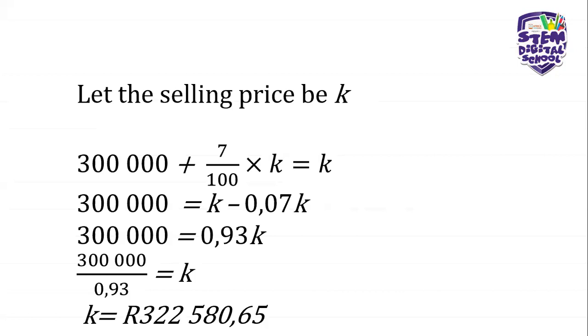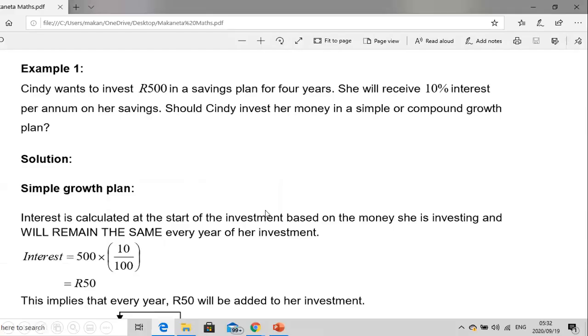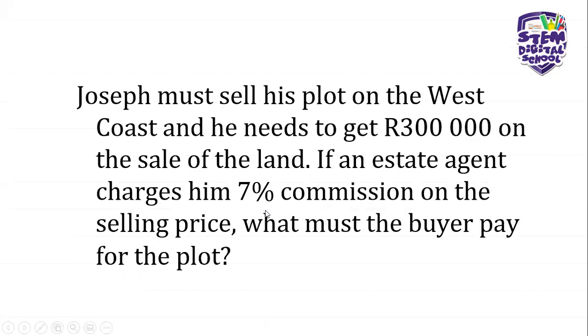In my case here, it actually gives me 7.5%. But remember that when we began this, before we calculated, we said the estate agent has charged him 7% commission on the selling price. So basically, this is the same. 7% will be the commission that has been charged by the estate agent.